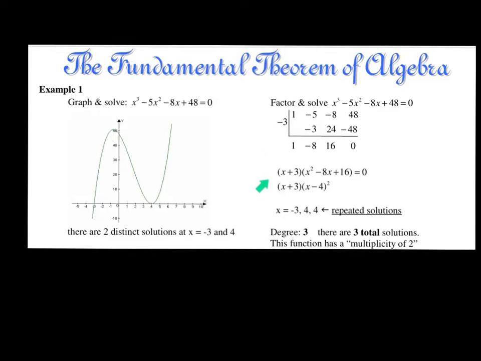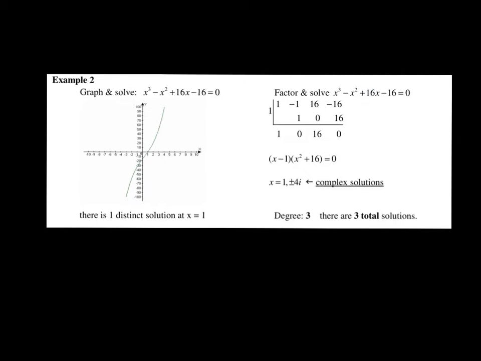This guy comes down as a factor, and then this is the factorization of this trinomial. So I have solutions at -3, 4, and 4. Again, 4 is a repeated solution. It's called a double root, and that means I have 3 total solutions. 4 would have a multiplicity of 2.